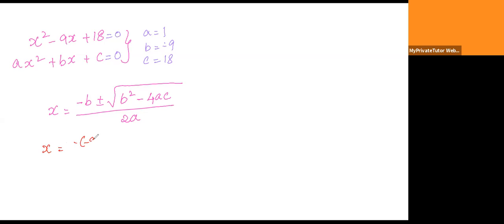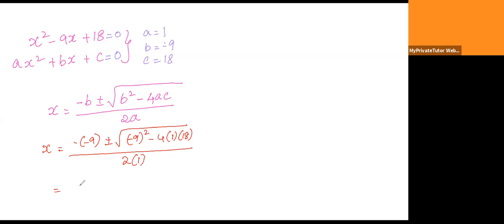Minus of minus 9 plus or minus the square root of, what is b squared, guys? Minus 9 squared, minus 4 times 1 times 18. So we are going to substitute all these a, b, c values.